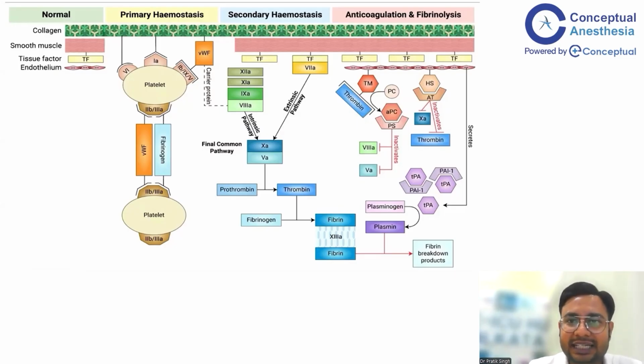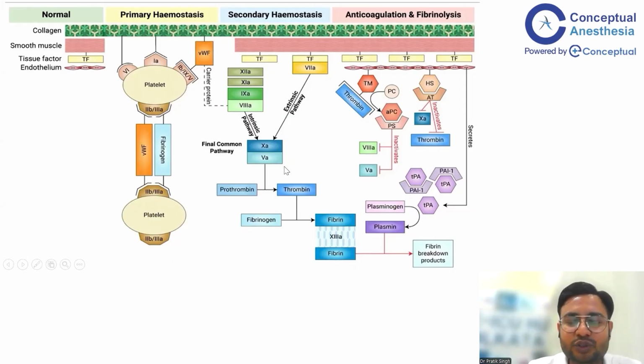And then the secondary hemostasis comes with the help of the coagulation cascade in the form of extrinsic pathway and intrinsic pathway. The extrinsic pathway starts with factor 7A, which becomes activated because of tissue factor. In the intrinsic pathway, it is the prekallikrein and kininogen which come and activate factor 12 into 12A, 11 to 11A, and so on.